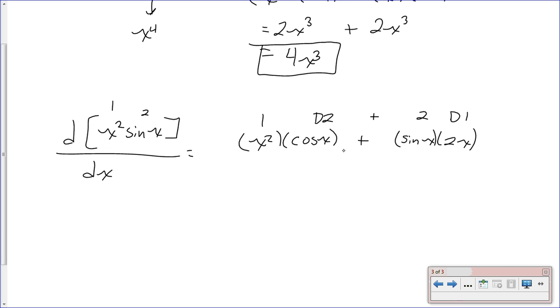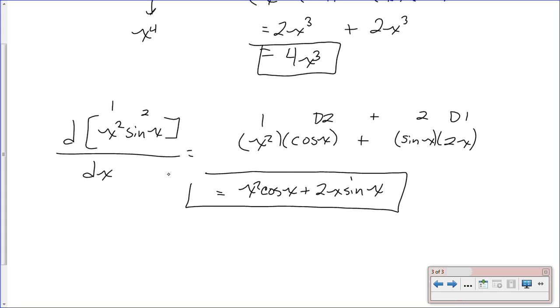So our derivative is x squared cosine x plus 2x sine x. That is our derivative of x squared times sine x.